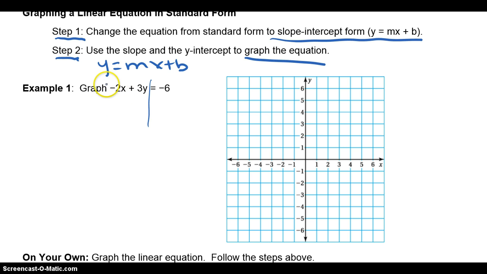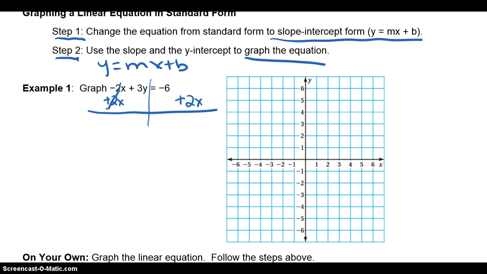We want to take this negative 2x and get it over to the other side. So how do you undo negative 2x? We add 2x. When we put 2x over here, I never put it underneath the negative 6 because, if you can recall, negative 6 and 2x are not like terms, and they have to be like terms in order to add them together. So over here, we're going to go back to the left-hand side.